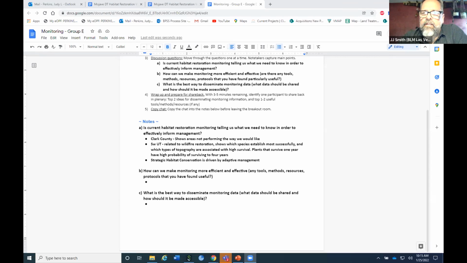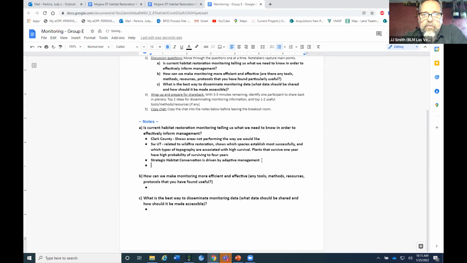I think John's working up there in an NCA, National Conservation Area. What we do in Las Vegas, we have Red Rock National Conservation Area as well as Gold Butte National Monument, but then we also have some other multiple use BLM land. So we have some monitoring that's specific to each of those. But in general, we really do 2 types of monitoring.